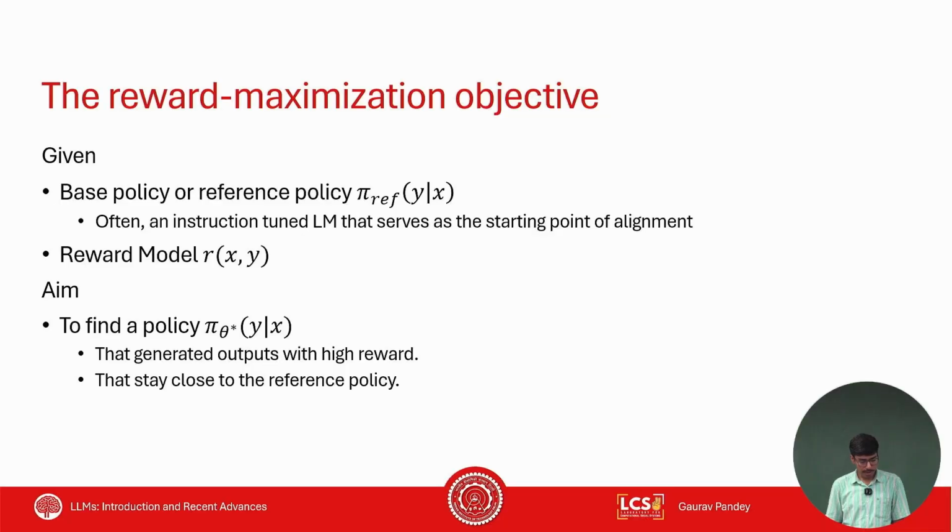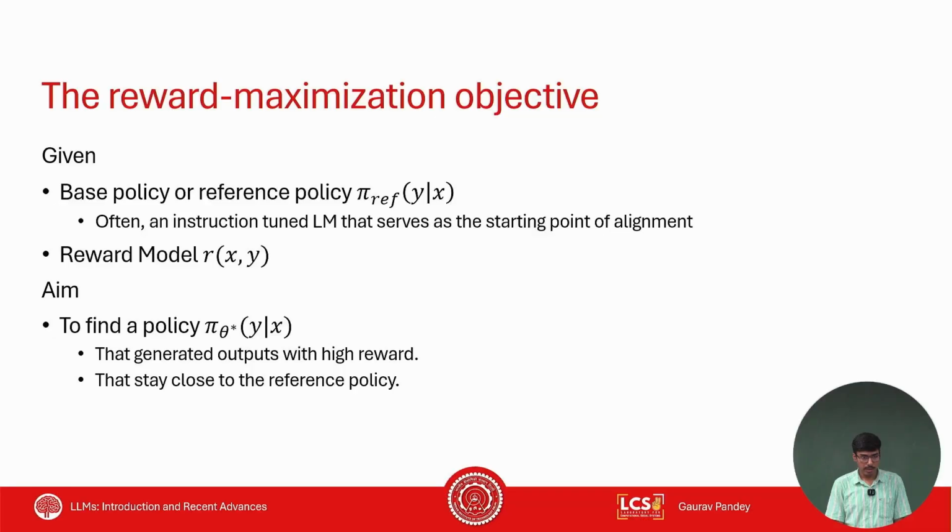So you don't want to just maximize or generate the output with the highest reward. What you want to do is also remain close to what your starting point was. The starting point is an instruction tuned language model, which generates reasonably good outputs.